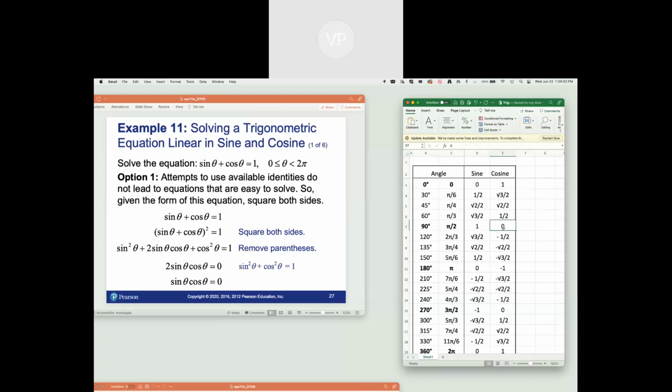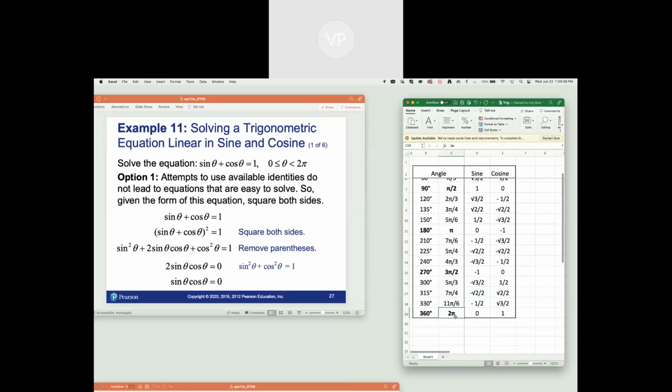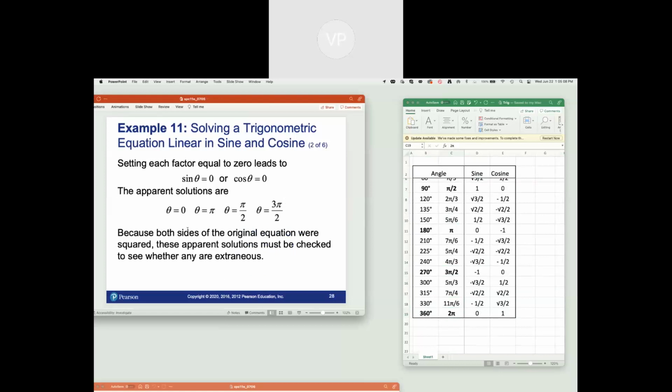It works when cosine is 0, so pi over 2, and 3 pi over 2. Actually, you can't use 2 pi because they don't want it equal to. It's got to be strictly less than. So I'll get those first 4 answers, 0, pi, pi over 2, and 3 pi over 2. Those are our solutions. And that's probably your easiest way to do this.